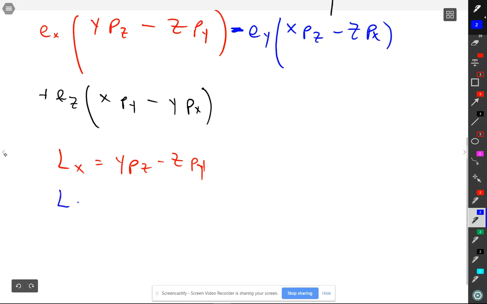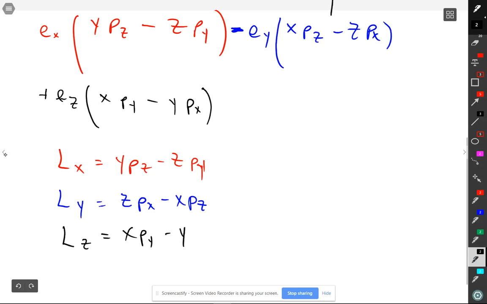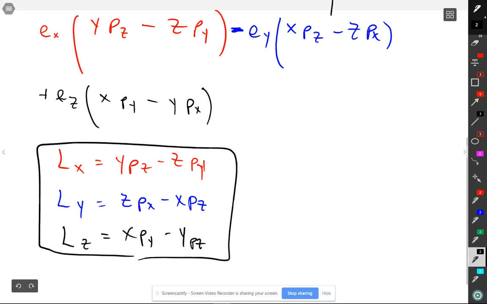So I'm going to have L y is equal to z p x minus x p z. And then the z component. So there is doing a cross product in something that's, well, the only one that's relevant for us this semester.